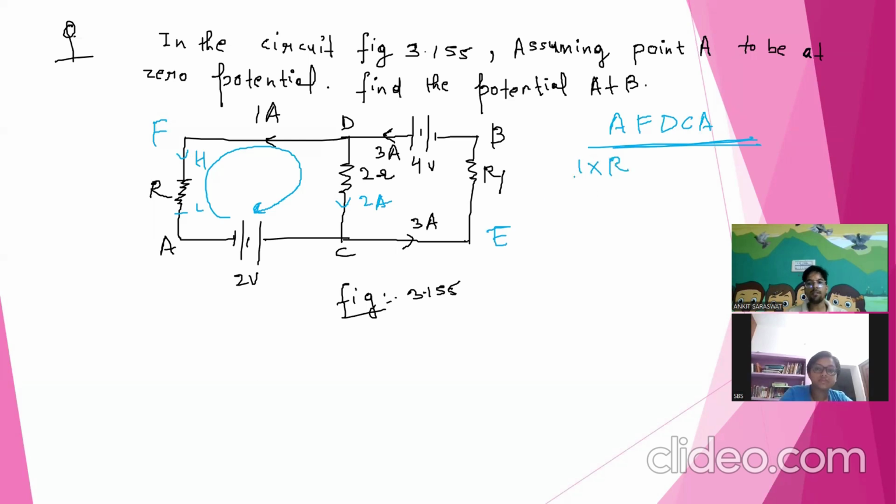Now F to D, no drop. D to C is your direction of path. You are going from high potential to low potential, so it will be minus I into R. From C to A, you're crossing the battery from positive to negative, so minus.